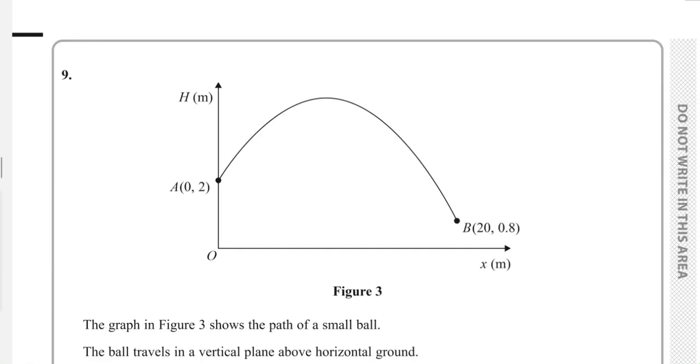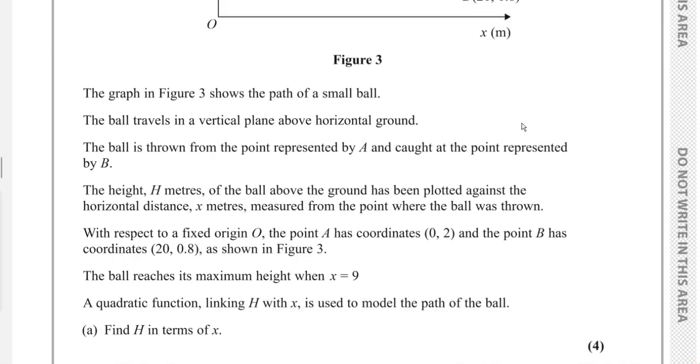Question number 9. The graph in figure 3 shows the path of a small ball. The ball travels in a vertical plane above horizontal ground. The ball is thrown from the point represented by A and caught at the point represented by B. The height, h meters, of the ball above the ground has been plotted against the horizontal distance, x meters, measured from the point where the ball was thrown.